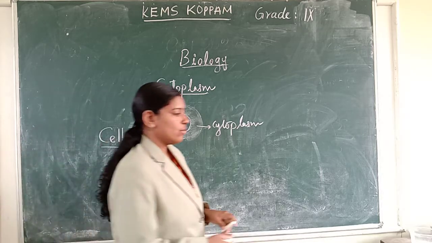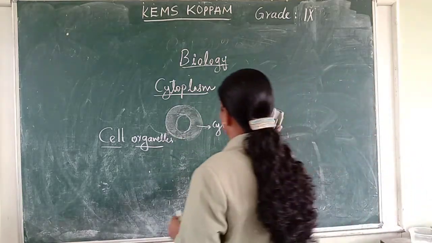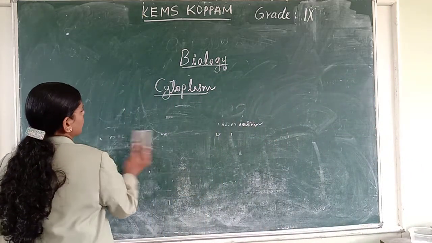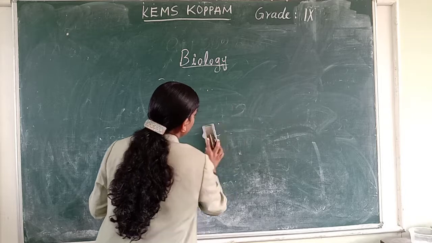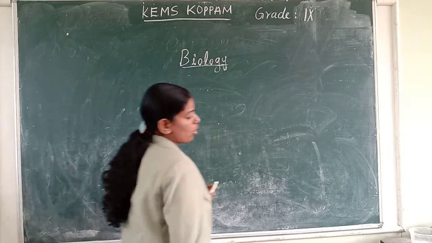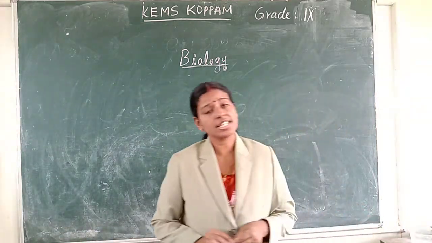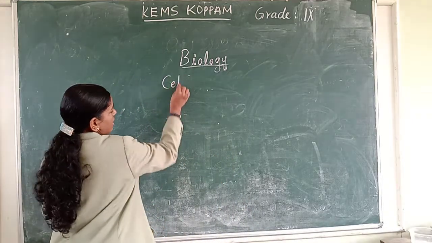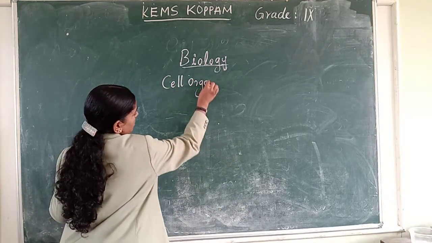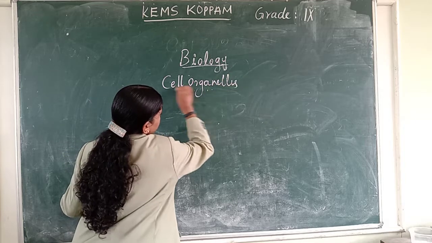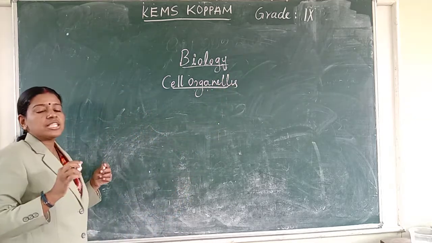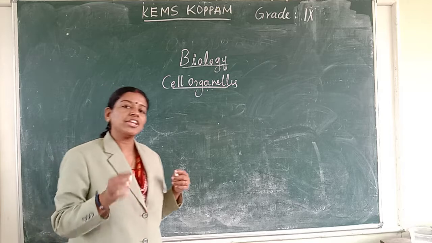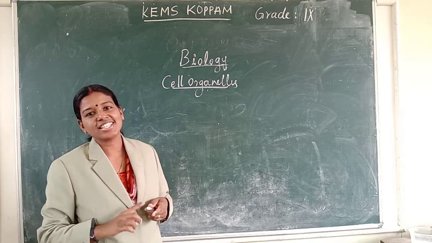So moving on to the cell organelles. Many cell organelles are present, of different types. This is one of the major differences between a prokaryotic cell and a eukaryotic cell, which I told you in the last class.